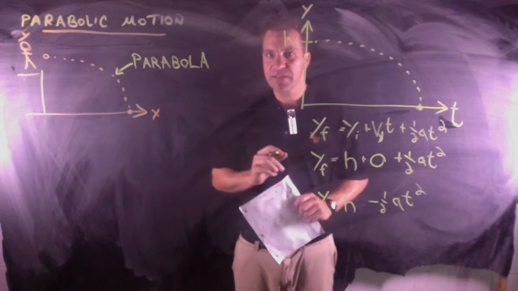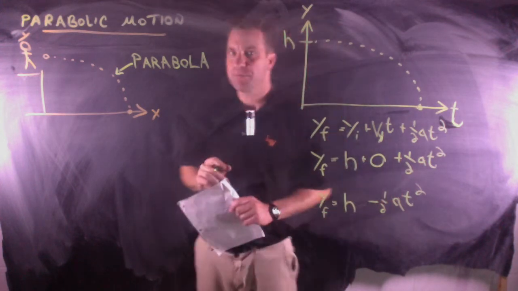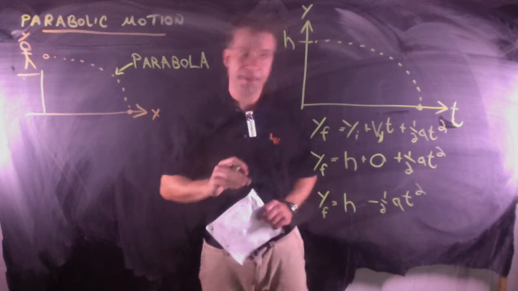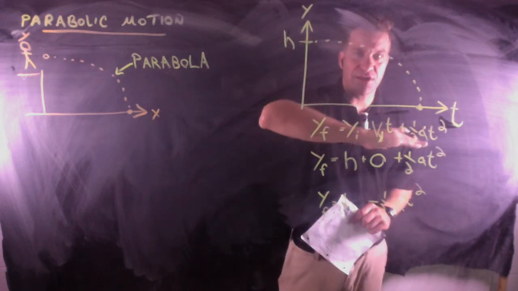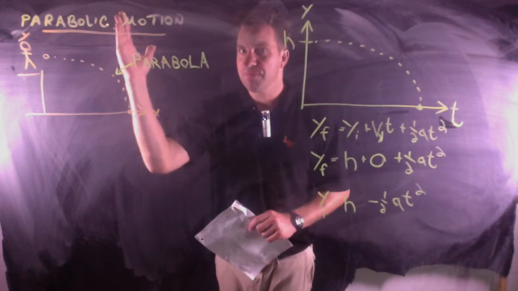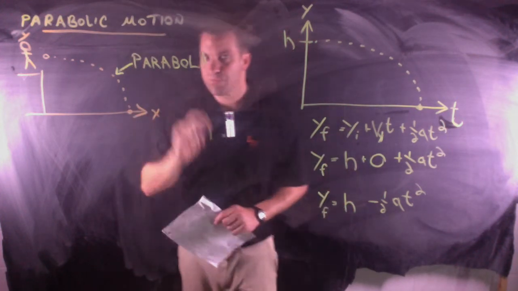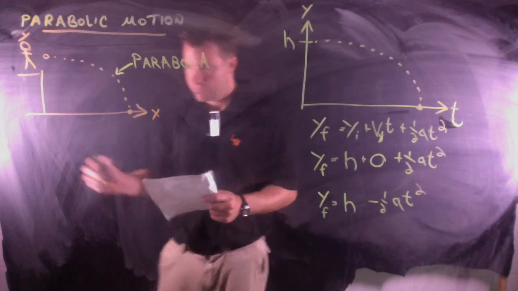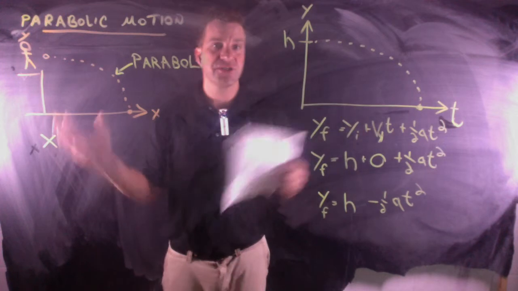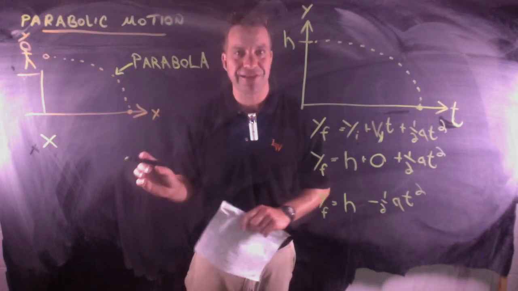Well, to understand this, let's map out x as a function of time. What we just mapped out was y as a function of time, but if we map x as a function of time, what do we get? I actually don't know, so we have to go back to the kinematic equation.